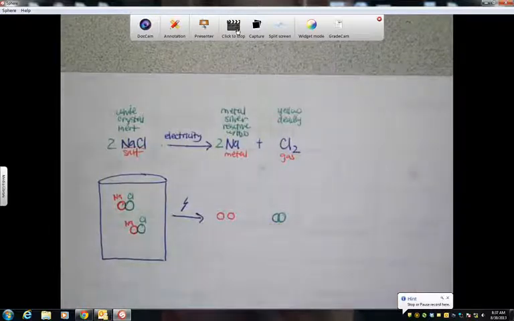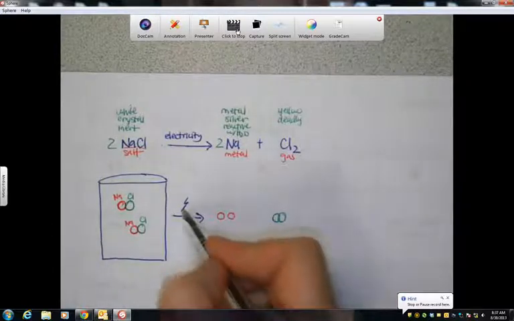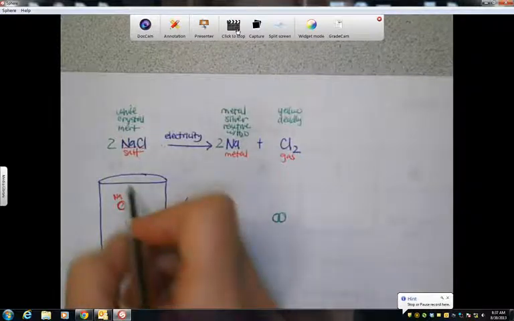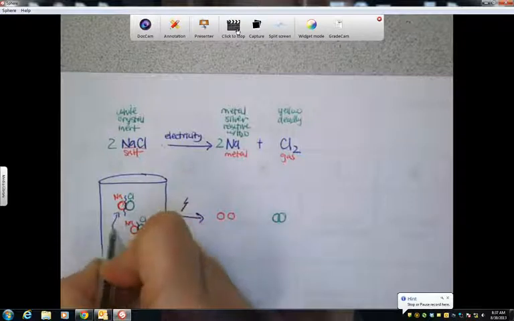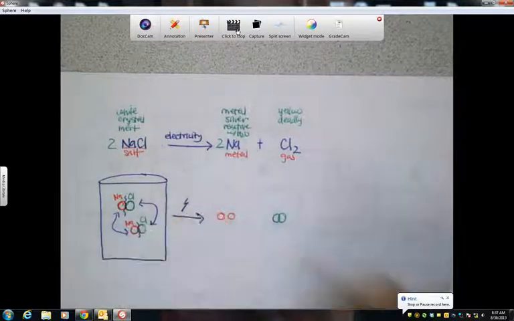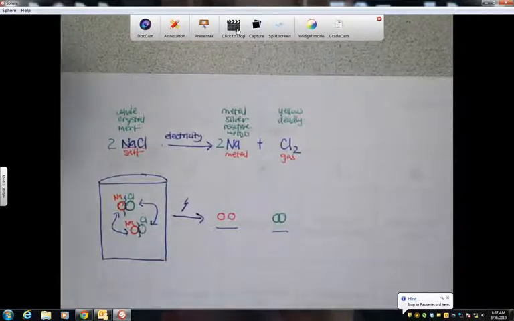So what happened in the process of me running this electricity through? Well, these guys split apart, and then they rearranged. So these two went together, and these two went together, and I end up with this and this. So you get a separation and then a rearrangement. And that's what's happening when something chemically changes.